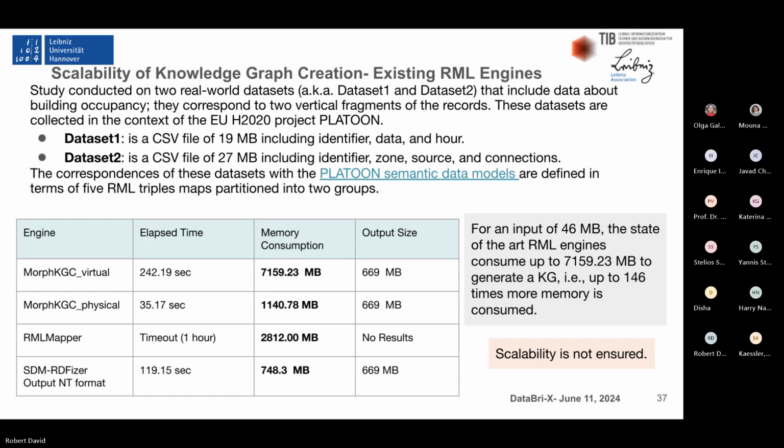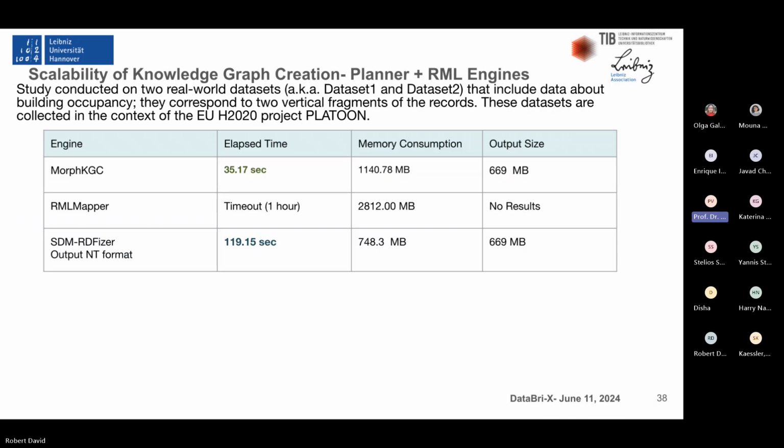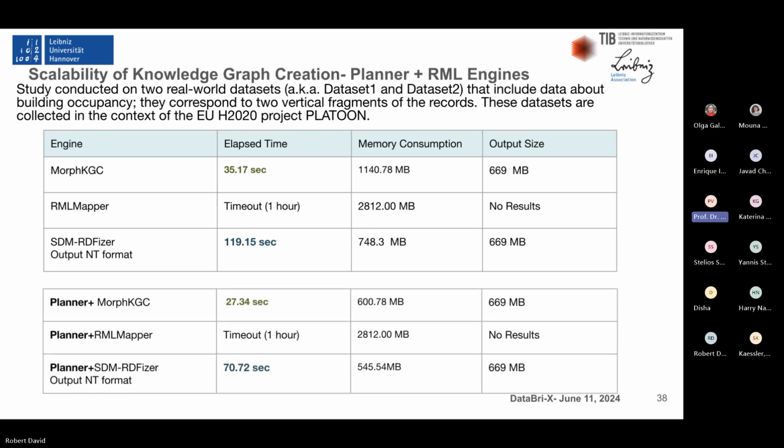So go next. And here what we did, next again, was to optimize. Now if we optimize with the planner, we see that we are not only reducing execution time, but also the memory that is required. It is still considerable, but why? Remember that the original data sets are semantified and annotated with these ontologies, and these annotations that correspond to the metadata are the ones that are consuming all this memory that we are observing.